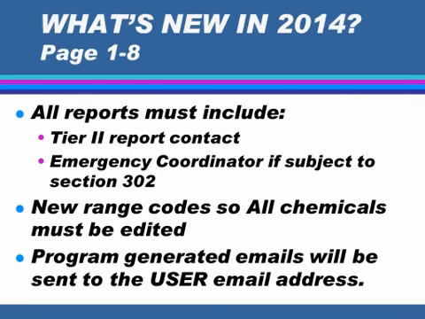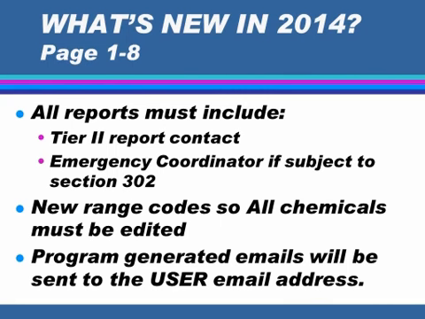They cover a smaller range. When I wrote my presentation 3 weeks ago, all chemicals had to be edited, and now the contractor has changed that, so the new range codes are put in there automatically without having to edit the chemicals. But you should go into the chemicals anyway to make sure the data are correct.